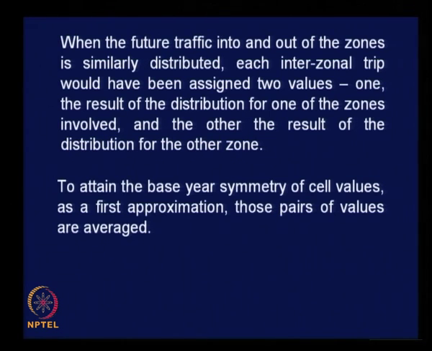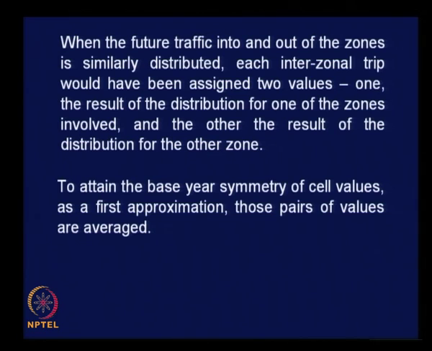To attain the base year symmetry, what is base year symmetry? Fratar proposed symmetrical trip interchanges based on practical considerations. He has proposed T12 to be the same as T21, balancing trip interchanges.